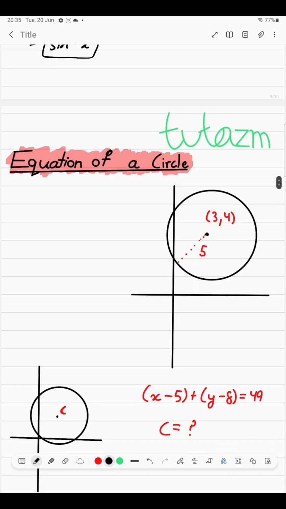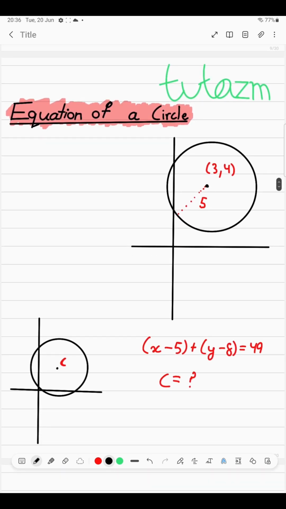The final topic that we're going to look at is the equation of a circle. Now the equation of a circle comes in the form of (x minus a) squared plus (y minus b) squared equals r squared, where b is the y coordinate of the center of the circle, and a is the x coordinate of the center of the circle, and r is the radius of the circle.